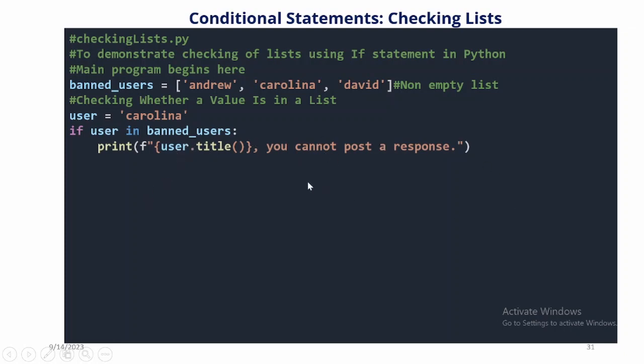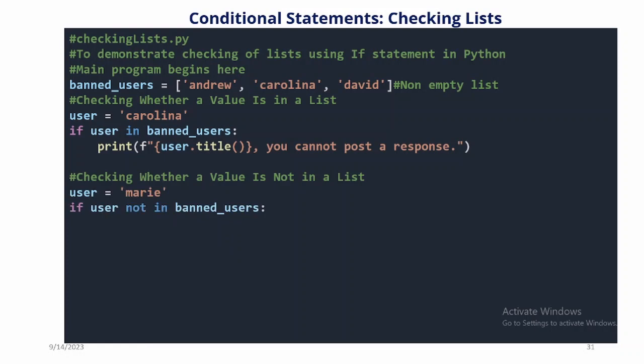That's for example. We can also check whether a value is not in a list. So we say Marie, for instance. If user not in banned users, if Marie is not in the list of banned users, print, you can post a response if you wish.